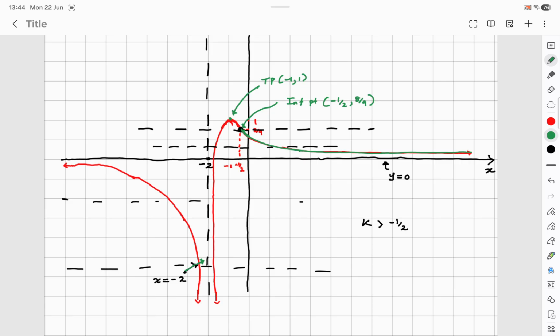Oh no. We can go up to the turning point, no? Yeah, up to the turning point we can go. Not minus half. k greater than minus 1, no? Up to there we can go. We will only have it if we restrict it to this section.